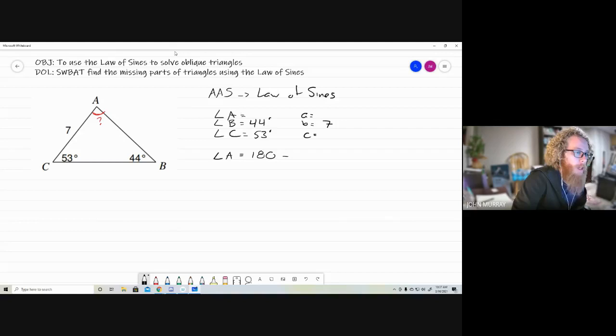Right, because angle A is the remainder, what's left over, of the sum of these two. All right, so I add up 53 and 44. I subtract that from 180, and we get angle A is 83 degrees. So we can fill that in, 83 degrees.